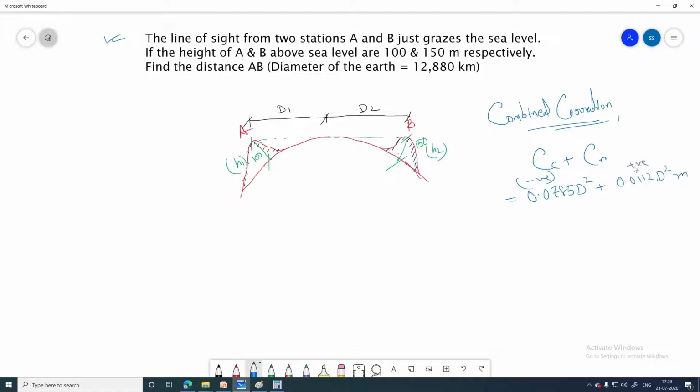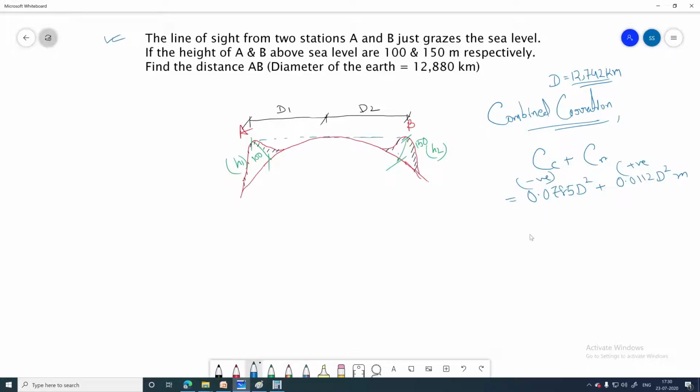Okay, and this is positive, but we determined this value by considering the diameter of the earth as 12,742 kilometer, right, but here the value is different, that is 12,880 kilometer.